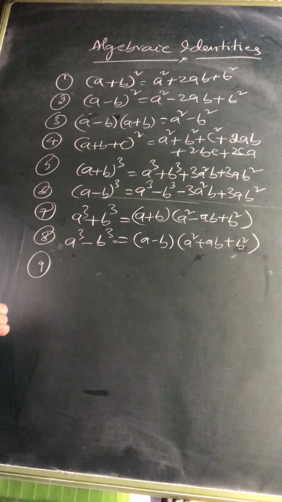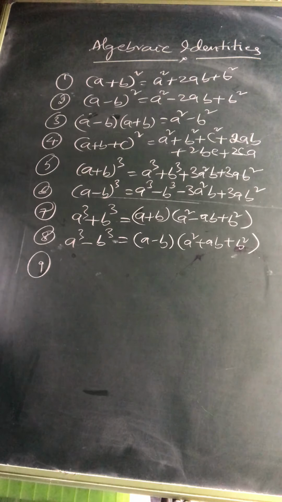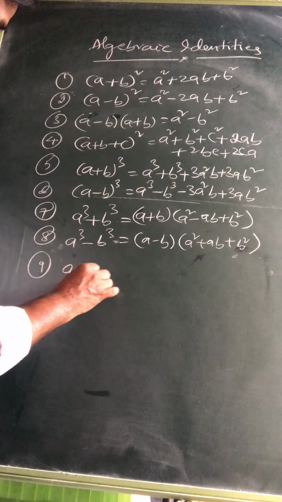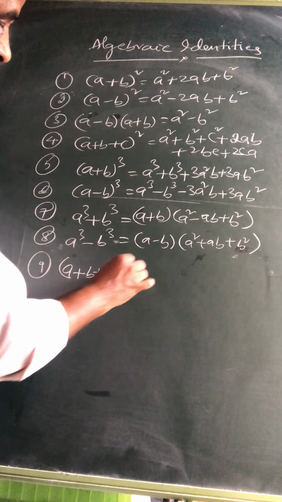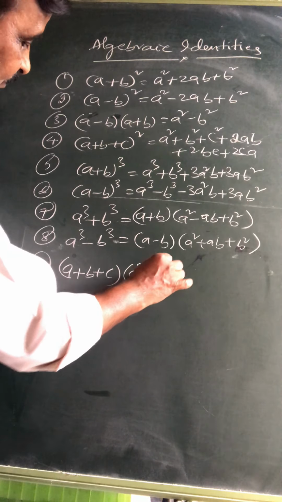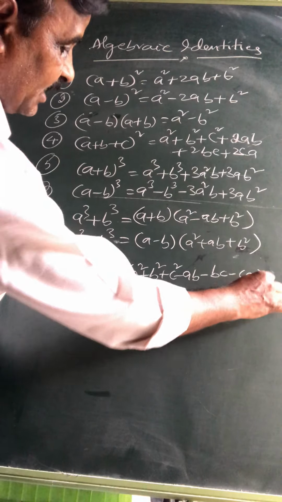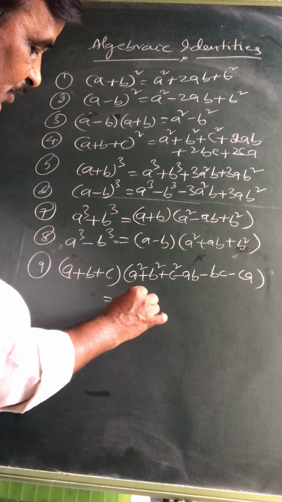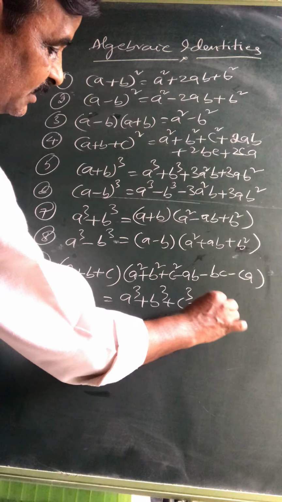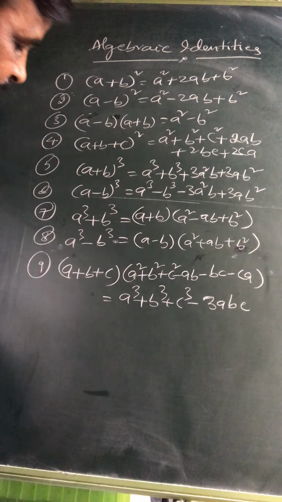And one more formula: (a + b + c)(a square plus b square plus c square minus ab minus bc minus ca) is equal to a cube plus b cube plus c cube minus 3abc.